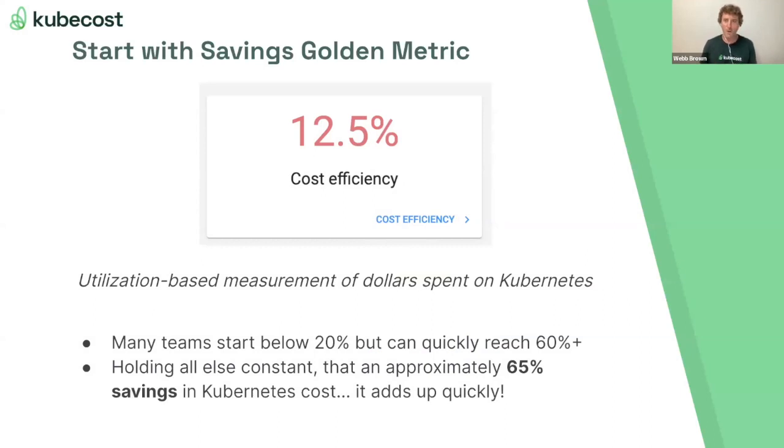And if there's one thing you leave today with, I'd love for it to be this. At the end of the day, the starting point as well as the ending point is looking at the cost efficiency of your infrastructure. So what does cost efficiency actually mean? It is a utilization-based measurement of all the dollars you're spending in Kubernetes.